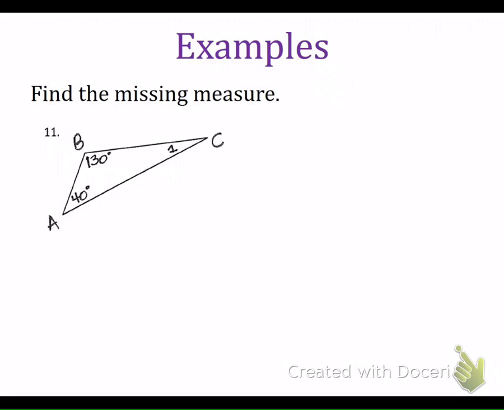Is that my answer? No, if I was looking for this angle, it'd be 170, but I'm not. So you can still add them and get 170. You just have to remember to subtract that number from 180. Or you can do it the way I've been doing it. Start at 180, subtract one, subtract the other. Boom.